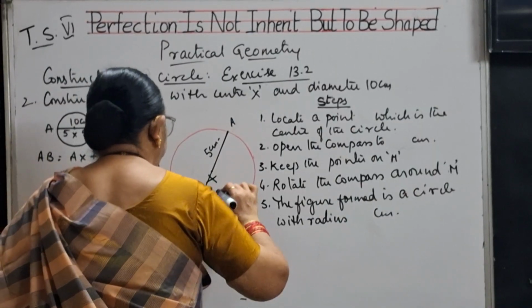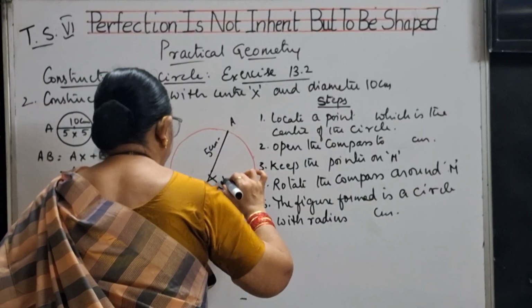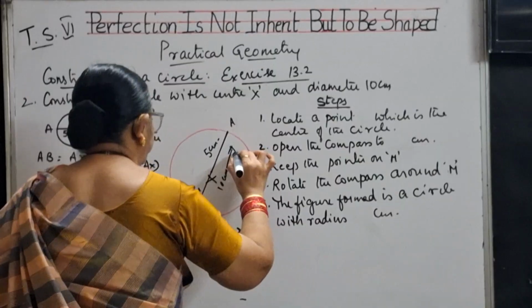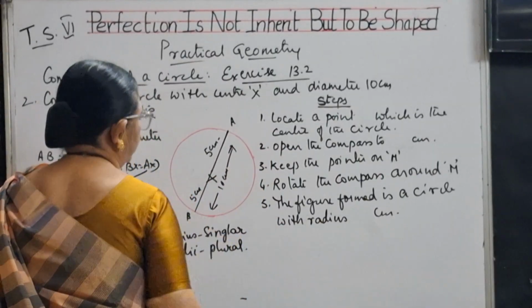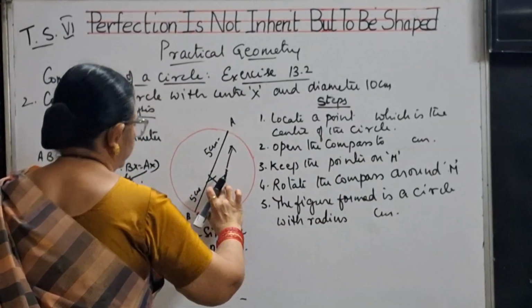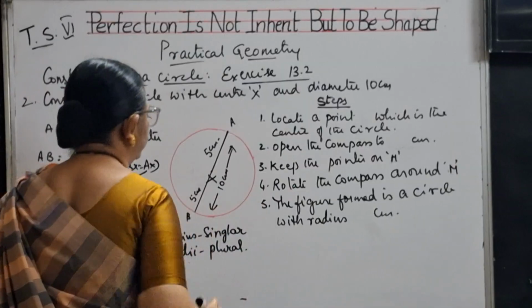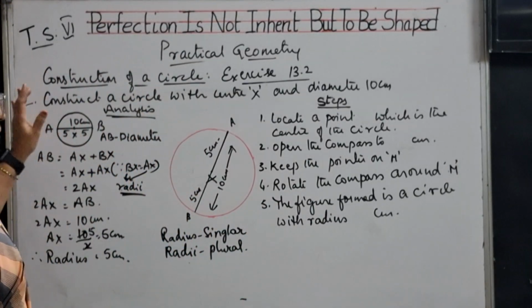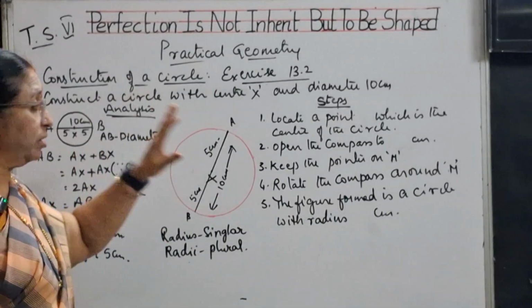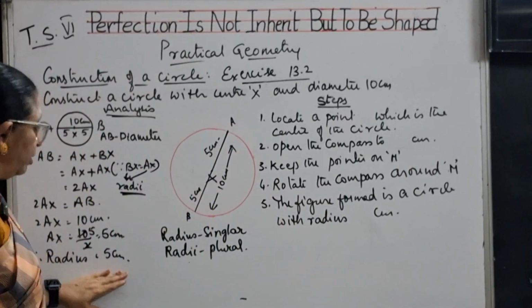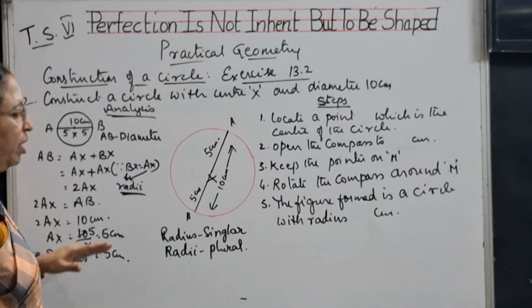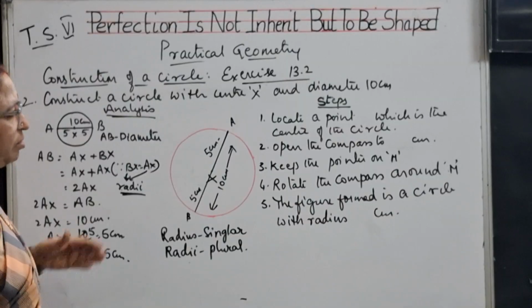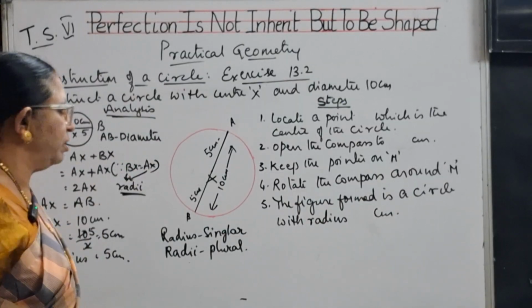This is 5 centimeters. Total it is 10 centimeters, the diameter. So even if they have given the diameter, to construct the circle you need to find out its radius. After finding out the radius, the steps of the construction are the same.